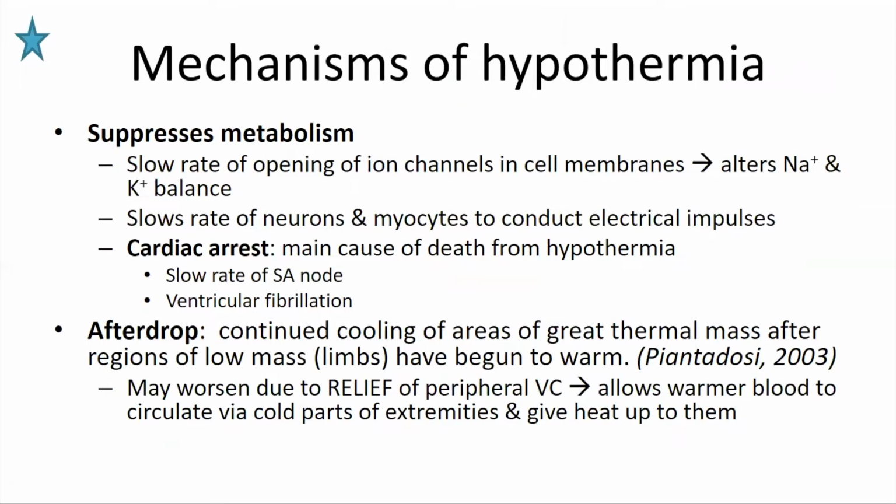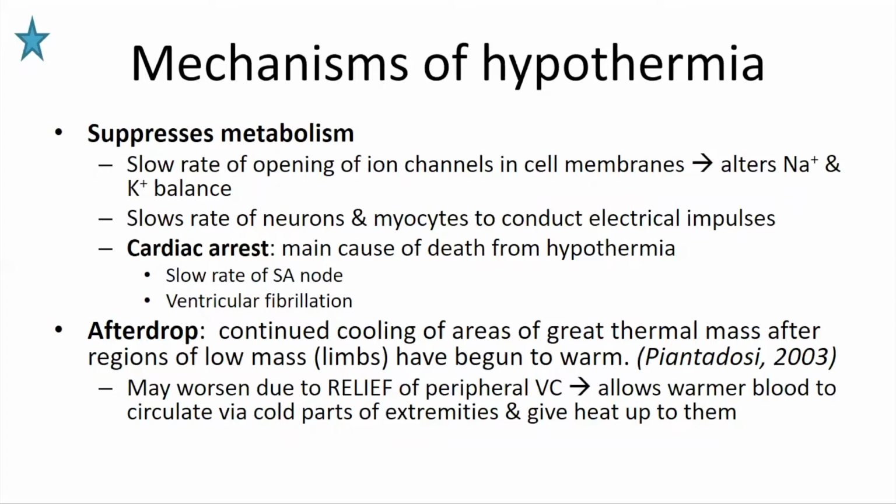So there's a slowing of the rate of the neurons and myocytes to conduct electrical impulses, and also the slowing of the opening of the ion channels for the sodium and potassium to make depolarization happen.